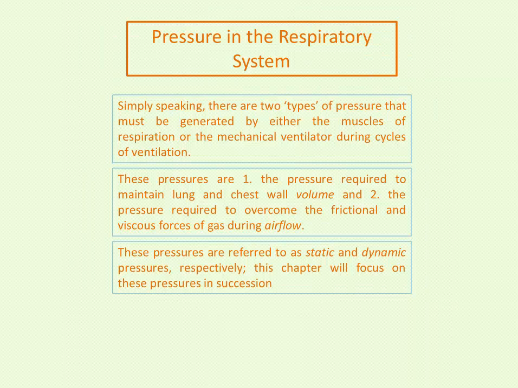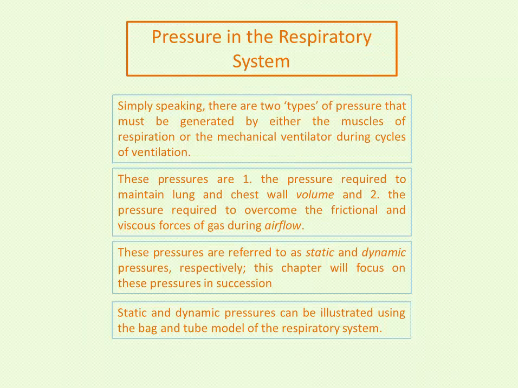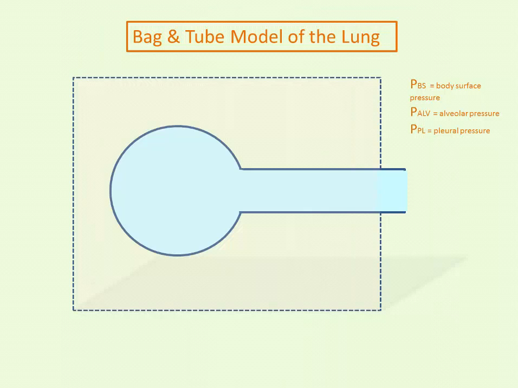So with that said, moving on to discussion of intrathoracic pressure and its subtypes, that is the static and dynamic aspects of intrathoracic pressure, I'm going to introduce to you the bag and tube model of the respiratory system. This is the bag and tube model here. This is your thoracic box outlining an alveolus, and this is an airway leading into the alveolus.